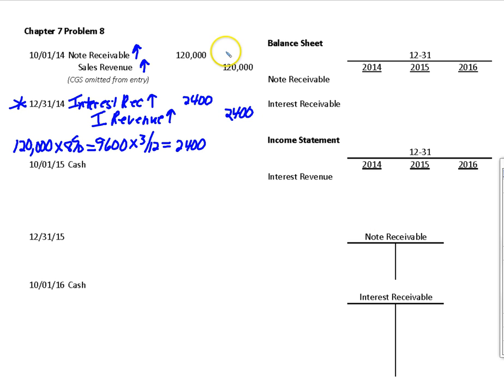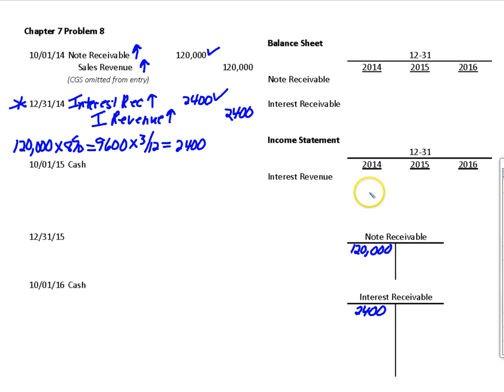And then let's go post what we've done. We've put $120,000 in notes receivable, and we've also entered in $2,400 for interest receivable. So at the end of 2014, although the problem didn't ask for it, let's focus not just on journal entries, but on what's going to be the outcome. What's going to be reported on the financial statements?